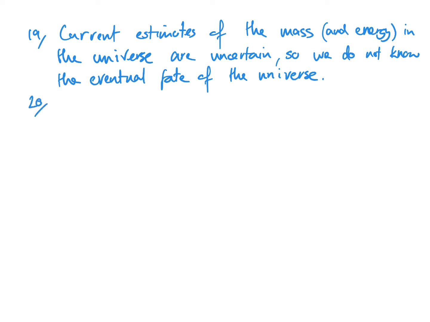And the first observation that leads to the idea of dark matter is that we can estimate the mass of a galaxy by looking at how fast the stars are rotating.